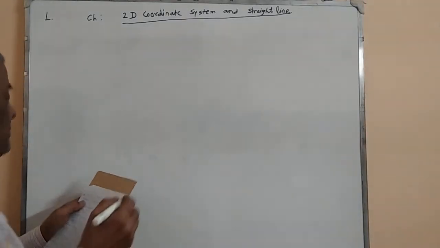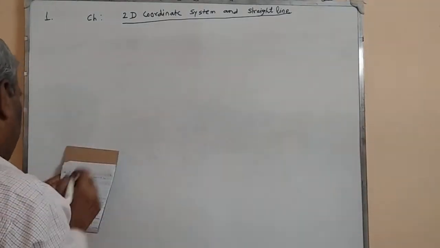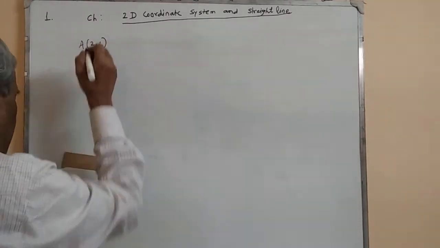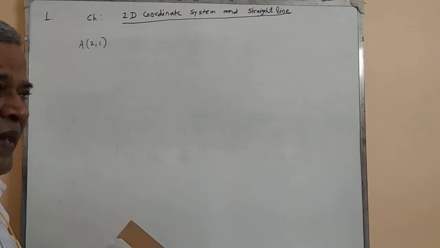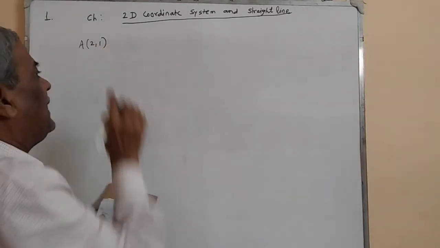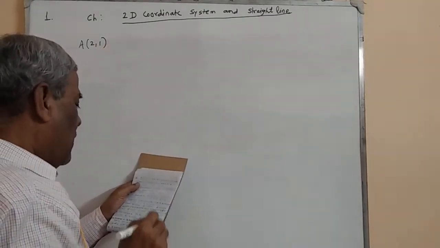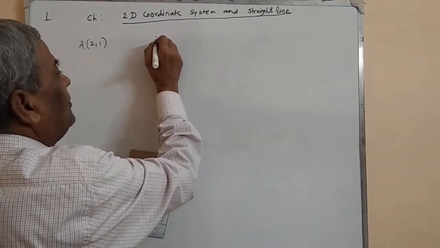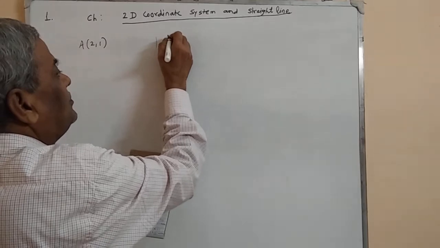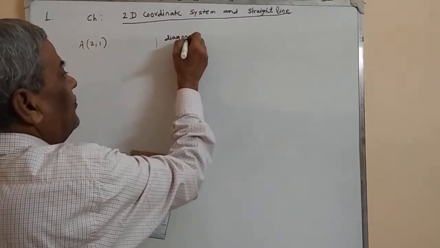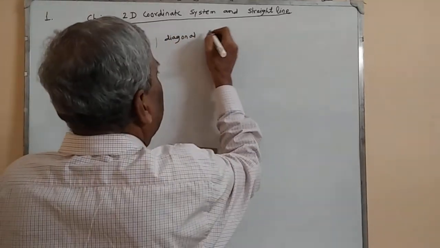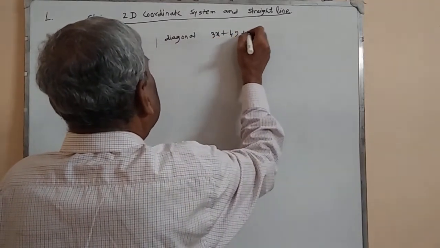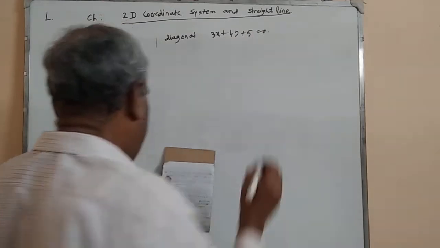First of all, write down: A(2,1) is a vertex of a square, one of whose diagonals is 3x plus 4y plus 5 equals 0.